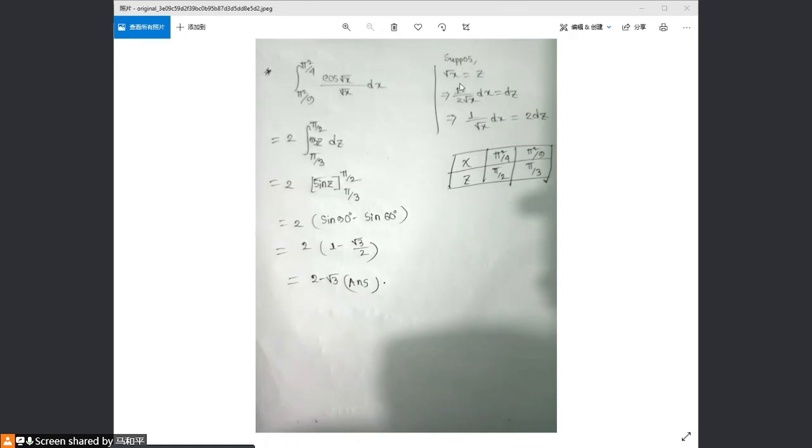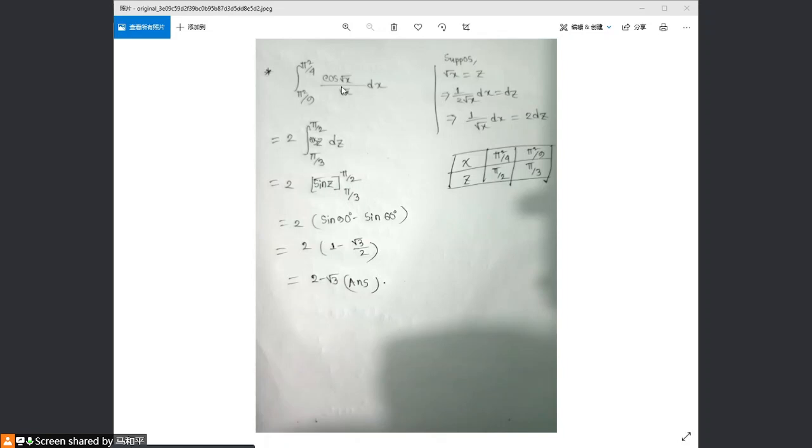Suppose let the square root of x be z. So dz is equal to 1 over 2 square root of x dx. And again, 2dz is equal to 1 over square root of x dx. This means this part can be replaced by 2dz.